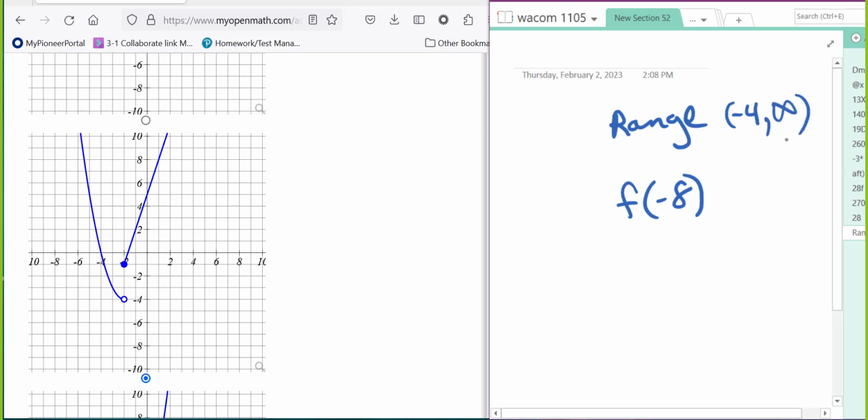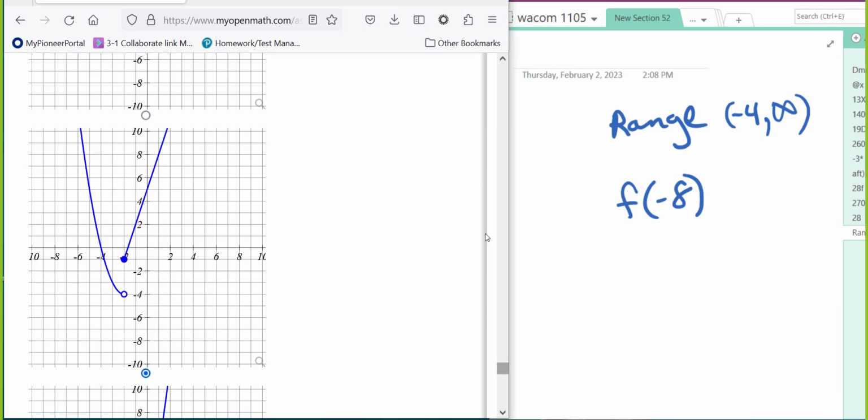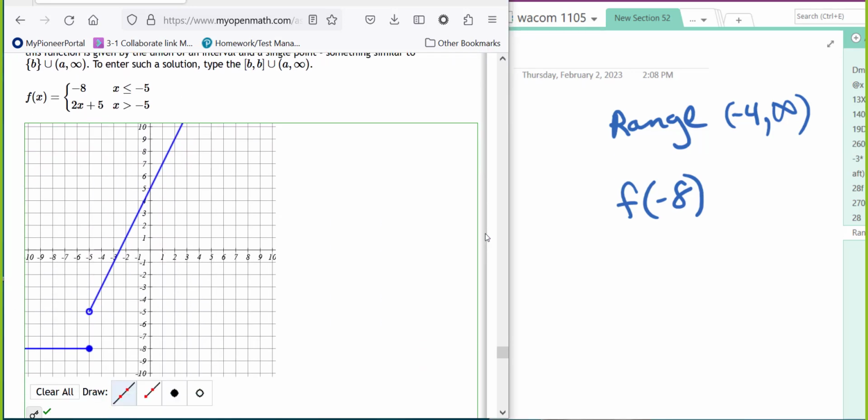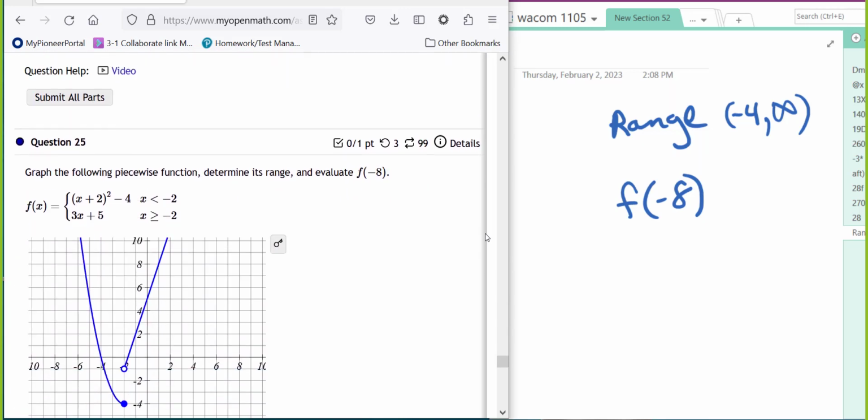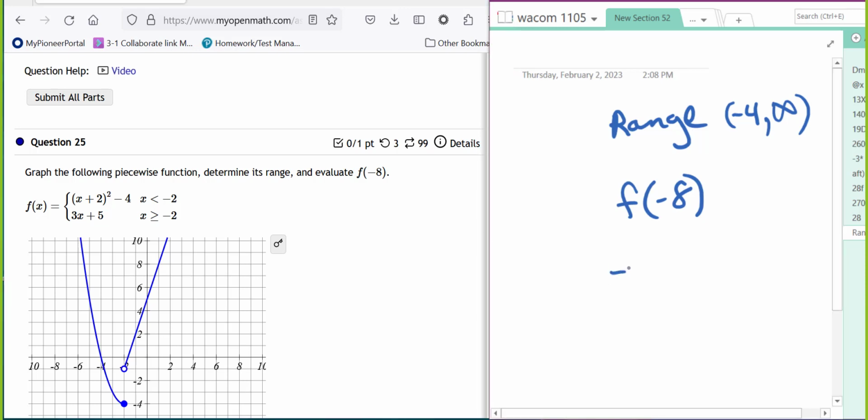Right? And f of -8, you don't see it on your picture, so go back and do it algebraically. So -8, you need the top one. So you want -8 plus 2 squared minus 4, because x is less than -2.